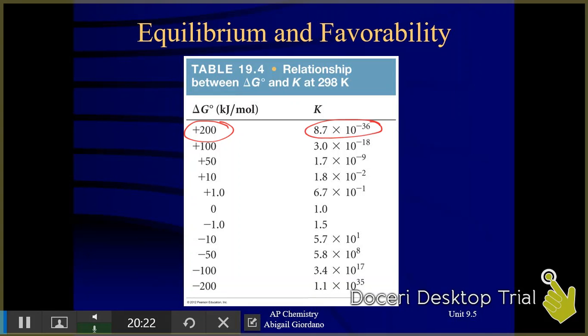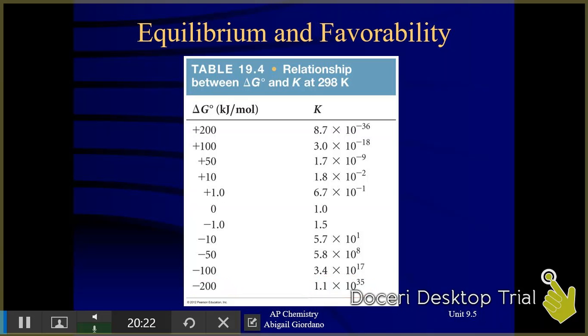They're not zero, and you can't ever have a negative K value, but they are between 0 and 1, which means reactants are favored, not products. Whereas, look at the other end. When delta G is very, very negative, the forward direction is favored, products are favored. We get very large K values, much greater than 1.